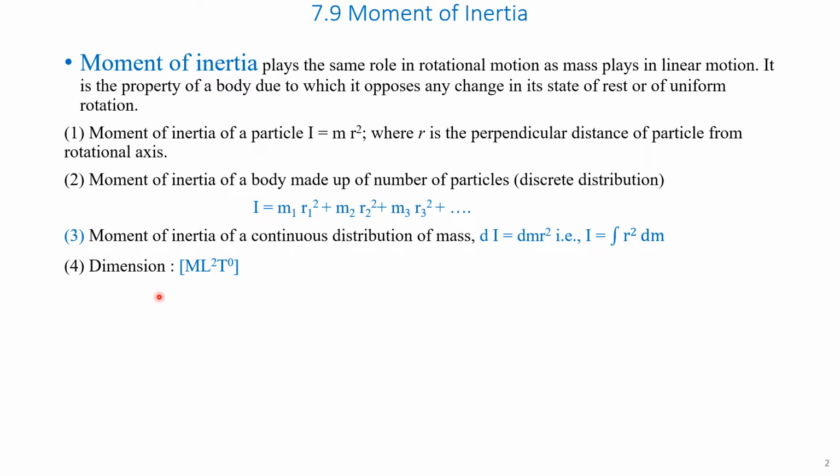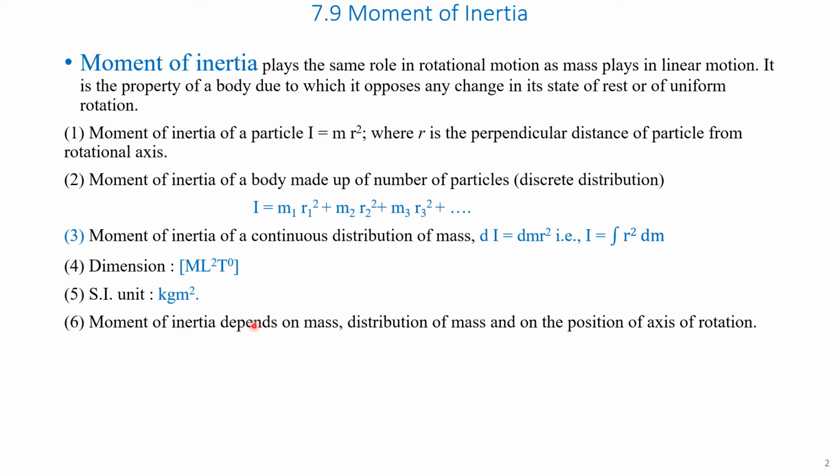Dimensions of moment of inertia are [M L square T to the power of 0]. The SI unit of moment of inertia is kg meter square.